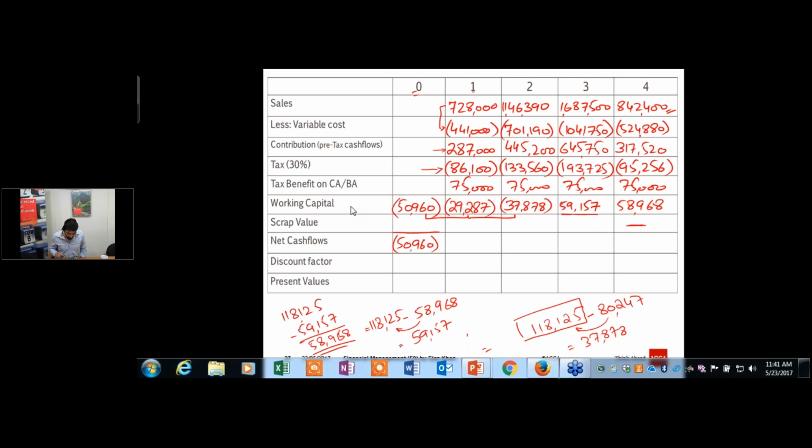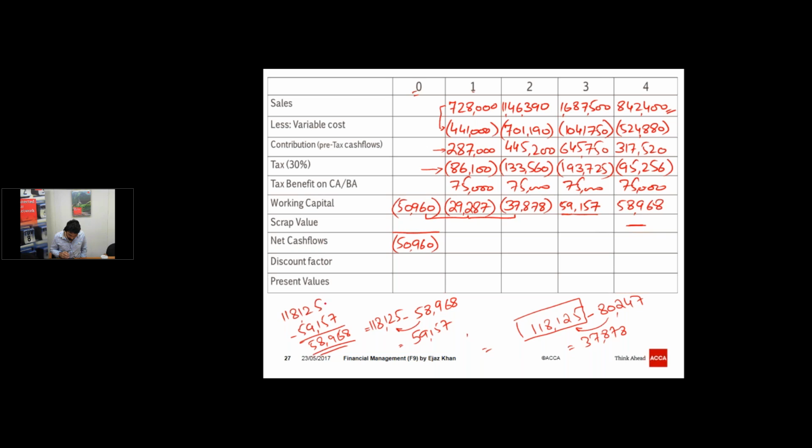The initial investment will be incorporated at the end, Sheila. When we calculate net present value, we'll incorporate it there. So don't worry, it will come.